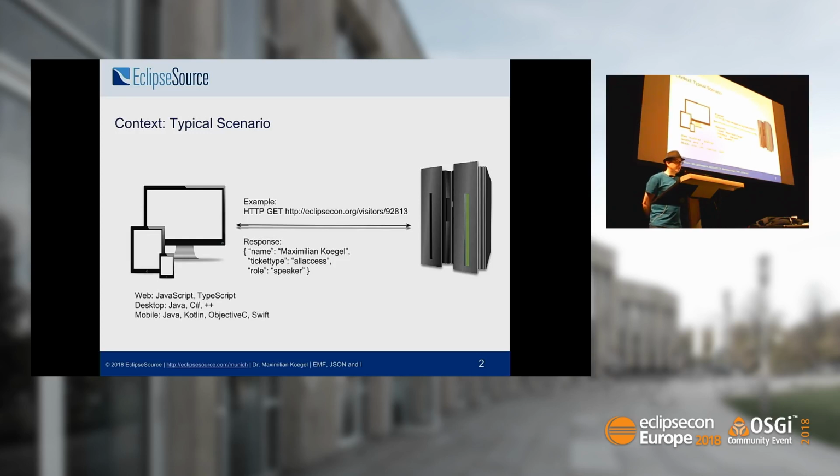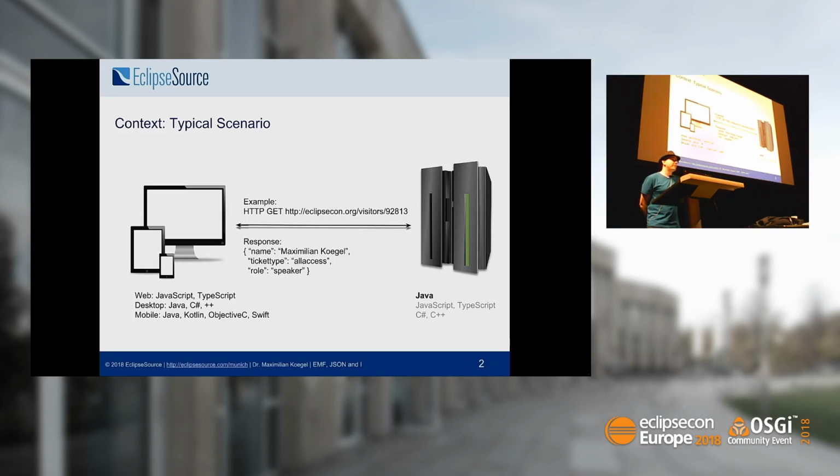I don't really care for this talk so much what's on the client side, what kind of technology. That could be all kinds of different technologies that are somehow able to interpret that JSON or XML that you send. But on the server side, I envision that this is a Java server that runs Java with EMF, so that you actually get into this scenario.